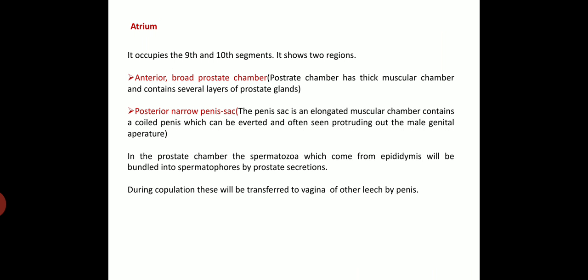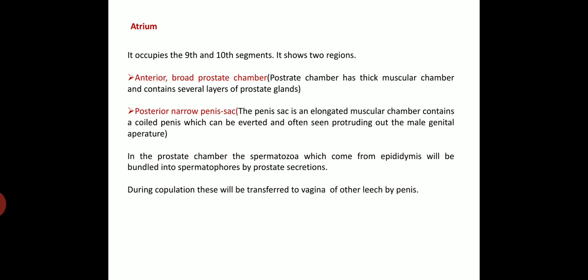The atrium, which is present in the 9th and 10th segment, shows two regions. First part is the anterior broad prostate chamber. This prostate chamber has a thick muscular wall and contains several layers of prostate glands. Next one, the posterior narrow penis sac.